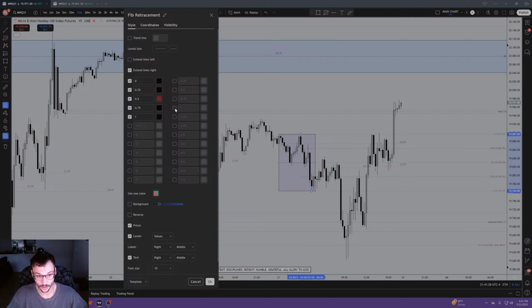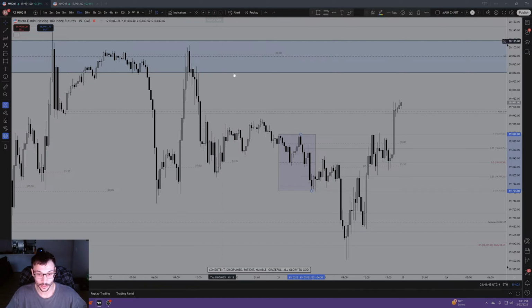Look, the -1 standard deviation off of that range is almost the bottom of the move. So you have that, and this is all stuff you just play around with.